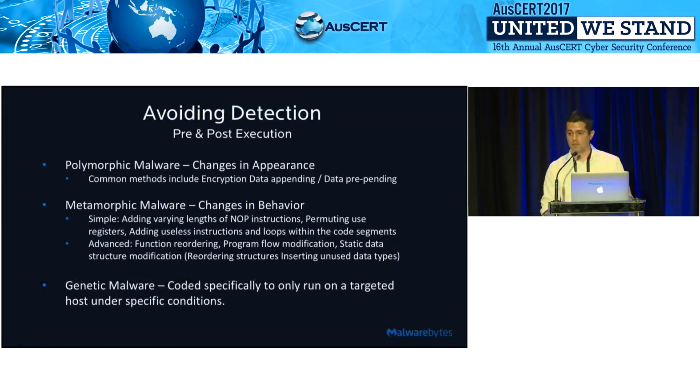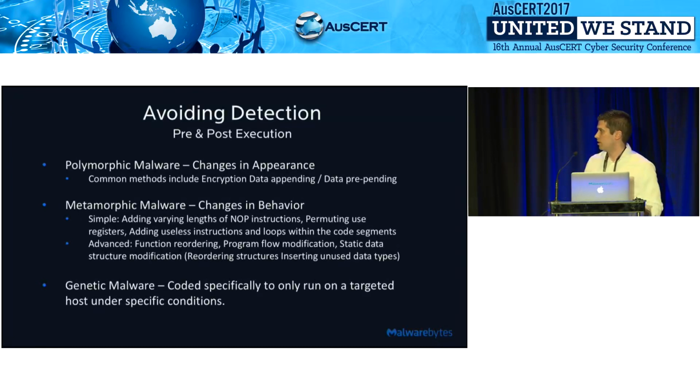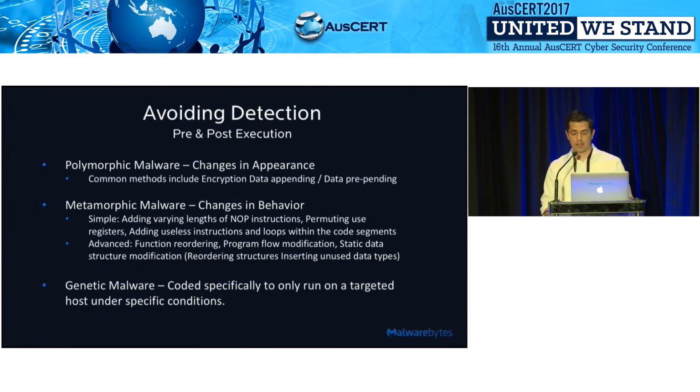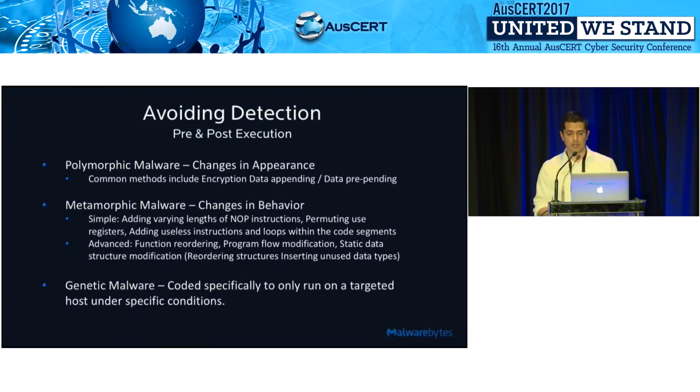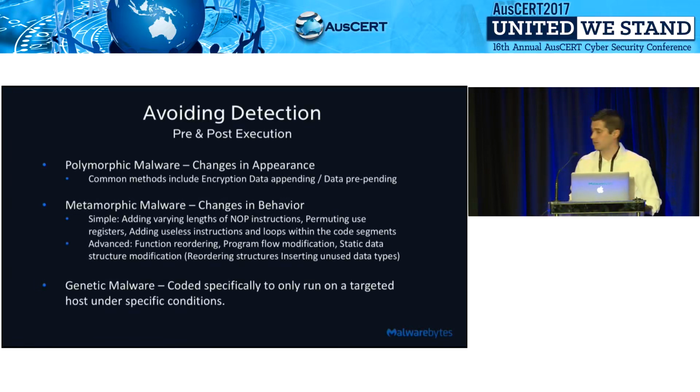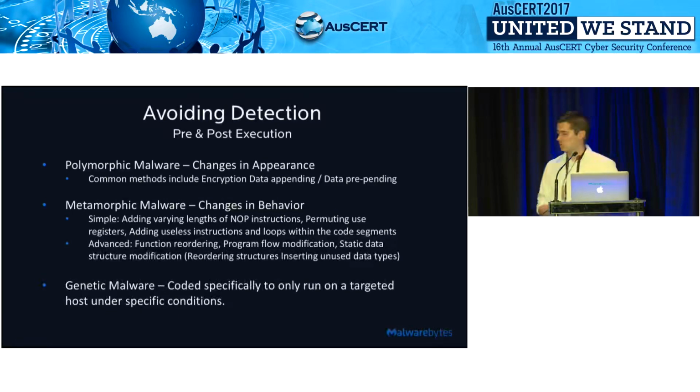These are changes in behavior, and there are techniques which I would consider simple in modifying the internal logic of malware or adding junk logic around the malicious code to avoid behavioral detection techniques. But there are also some advanced techniques that are employed by sophisticated attacks, APT-style attacks, and targeted threat actors in the space. And then finally, we're seeing the advent of what I would refer to as genetic malware.